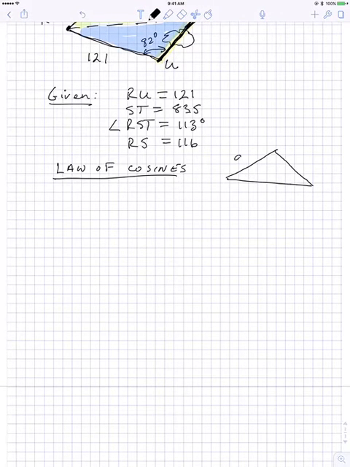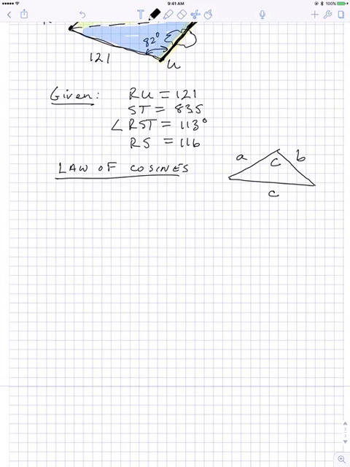We have A, B, and C. If you remember, the angle C goes across from the letter C. The angle B goes across from the letter B. The angle A goes across from A. So if I wanted to get C squared, it's A squared plus B squared minus 2AB cosine of angle C. So that's the law of cosines.